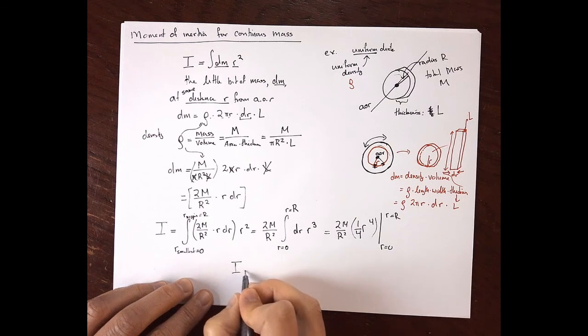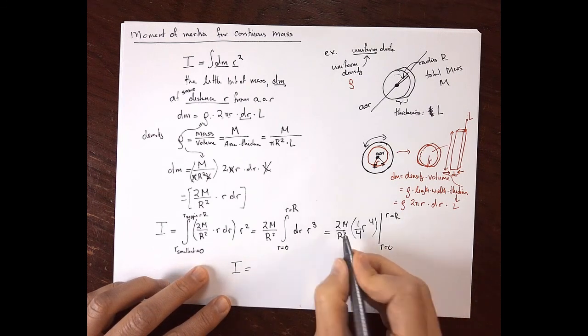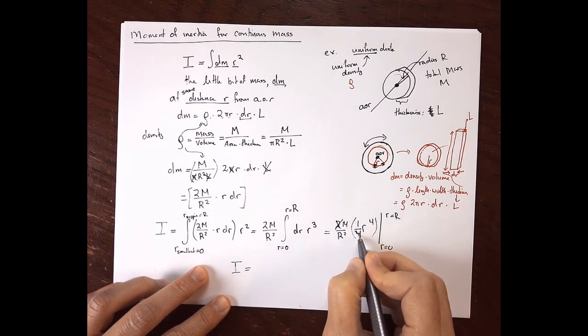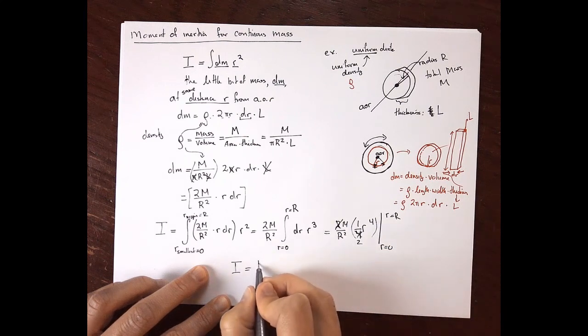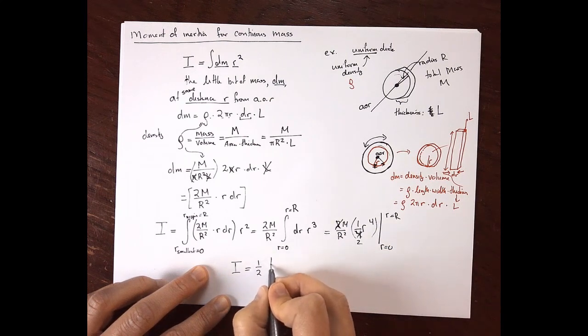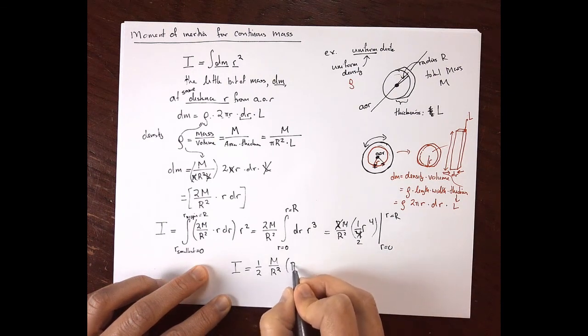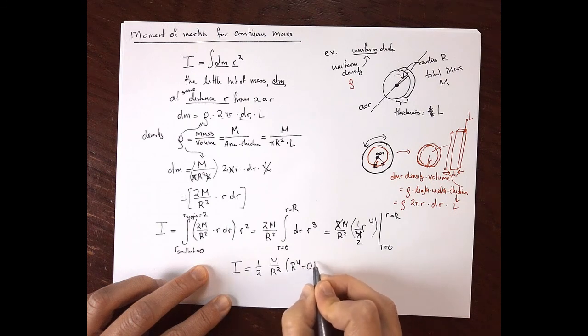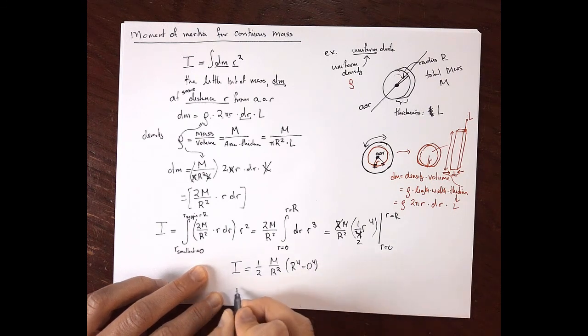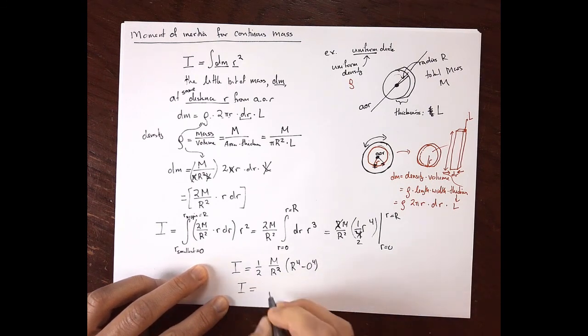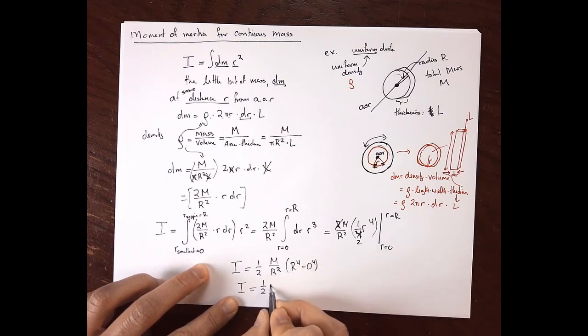And we would get the moment of inertia, well, the 2 and part of the 4 would cancel, so we'd get 1/2 mass over R squared, and then we'd get R to the 4th minus 0 to the 4th. So our moment of inertia is 1/2, mass, R to the 4th over R squared, which is just R squared.